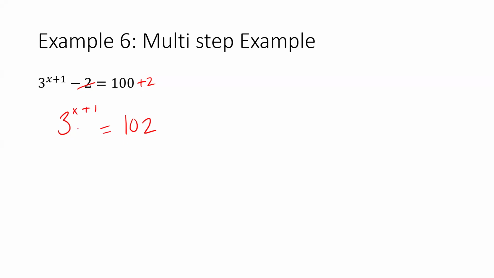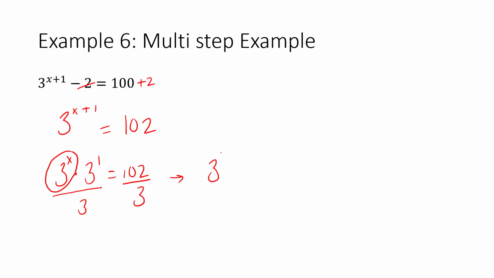So 3 to the x plus 1 actually means that you have 3 to the x times 3 to the 1, because when you are multiplying factors with the same base, you are adding their powers. So this is just a number, right? 3 to the 1 is just what? 3. So in order to get this by itself, what am I going to do with 3? Divide. Because the opposite of multiplying 3 is to divide 3.